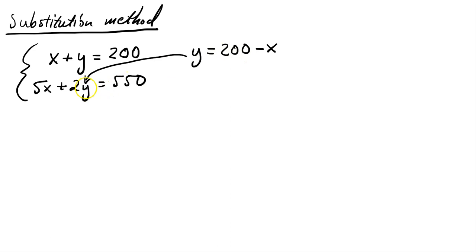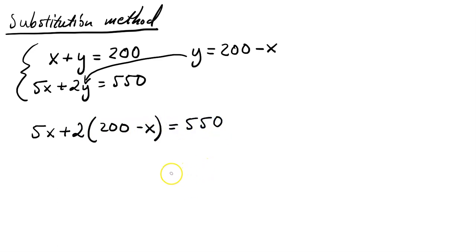So we substitute Y in the second equation with this. The second equation then becomes 2 times (200 minus X) plus 5X equal to 550.